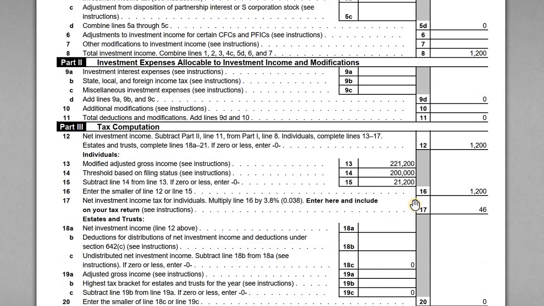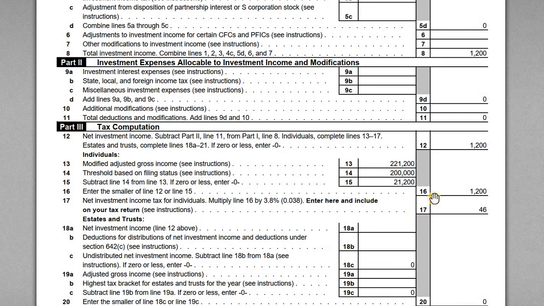So down in part 3, we have the tax computation. His net investment income, $1,200. There's his AGI. The modified AGI, again, is the same as his standard AGI, 221,200. His filing status threshold, remember, he's a single filing taxpayer, so $200,000 is the threshold for 2020.